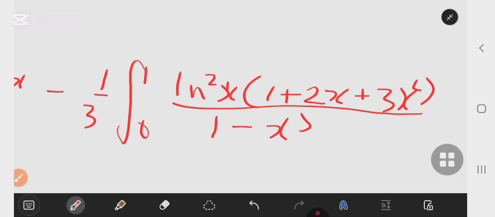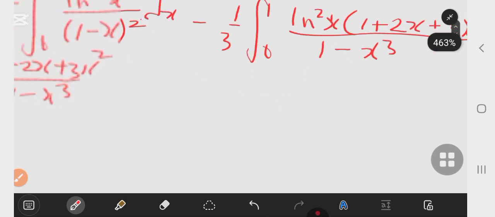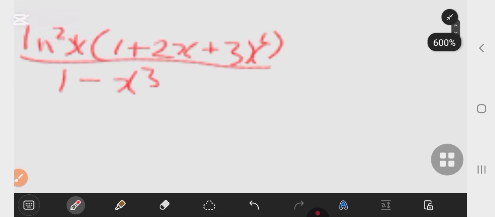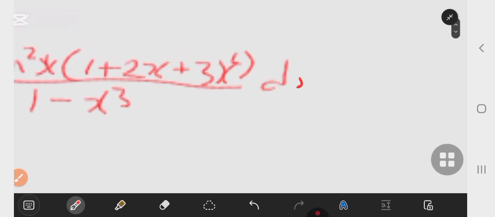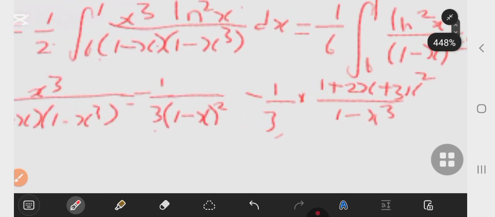Right? This is it. Then my dx. Okay, I've successfully split this integral here.